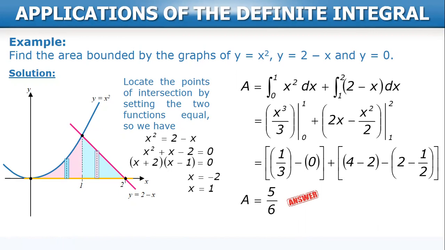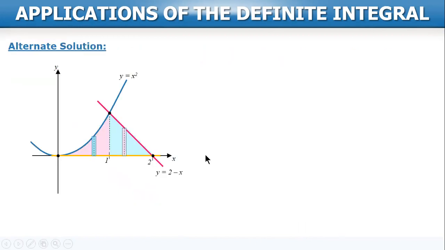Okay. Now, let us have an alternate solution. Originally, the first solution is we considered vertical rectangles, as was explained using Riemann sums.